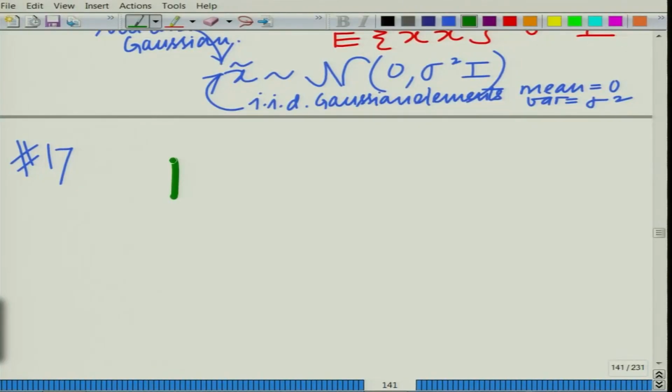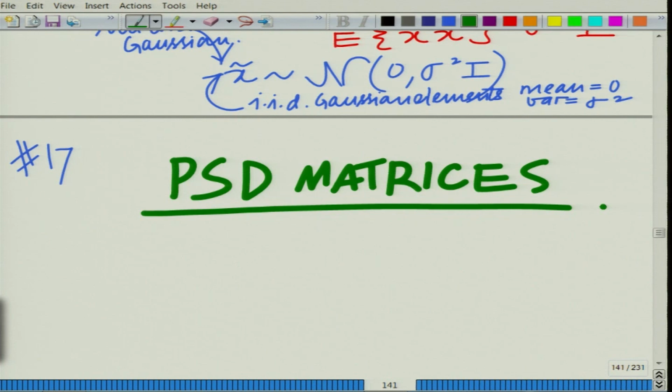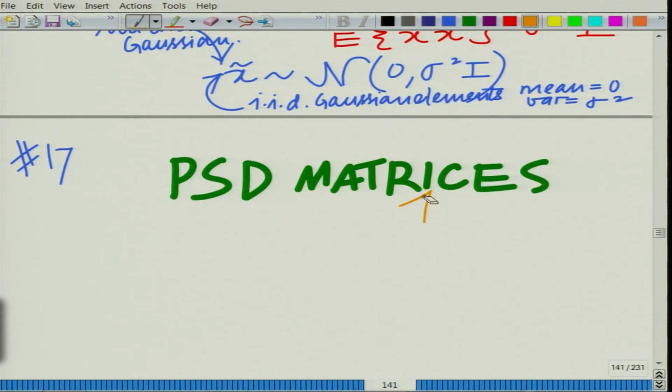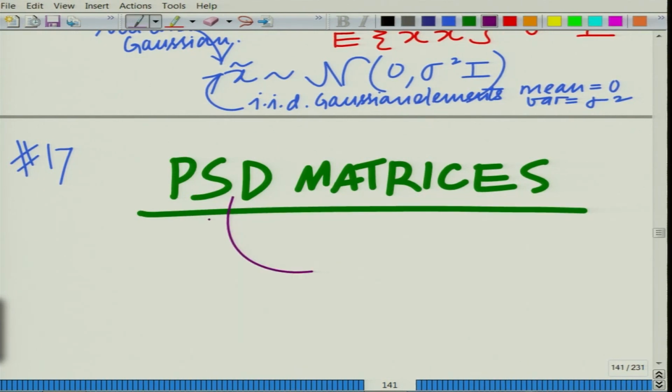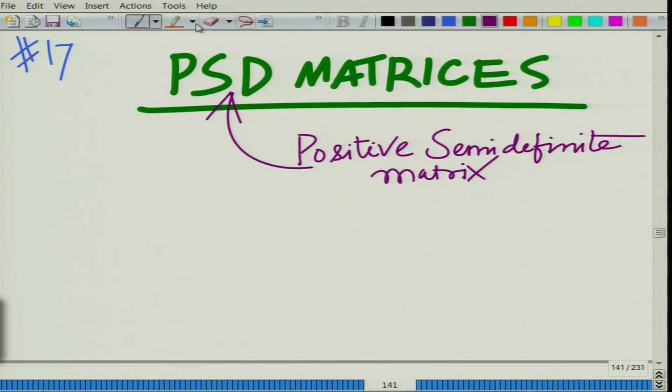Alright. So, we want to start looking at PSD matrices, which stands for positive semi definite matrix, and we want to also look at positive definite, PD matrices.